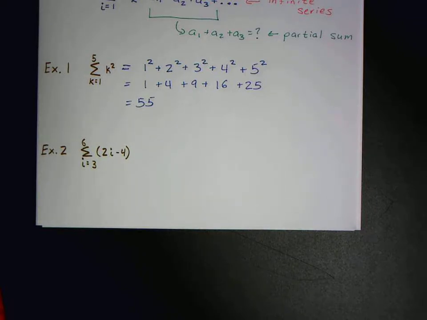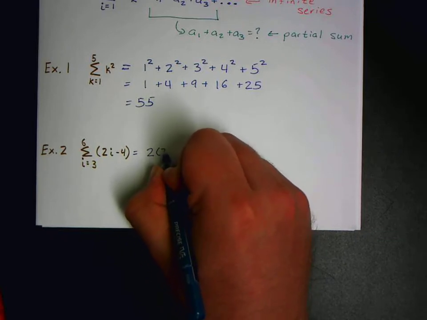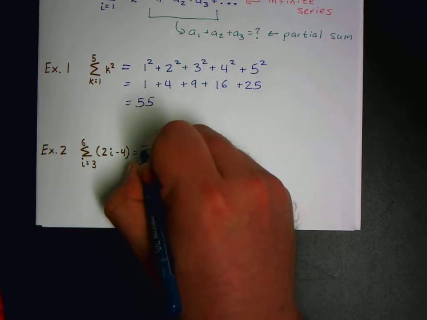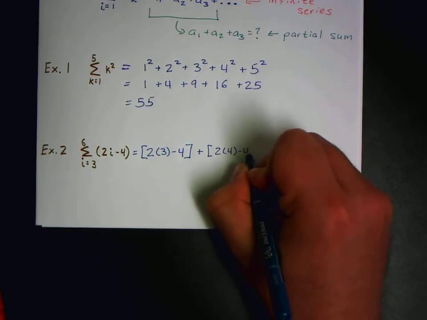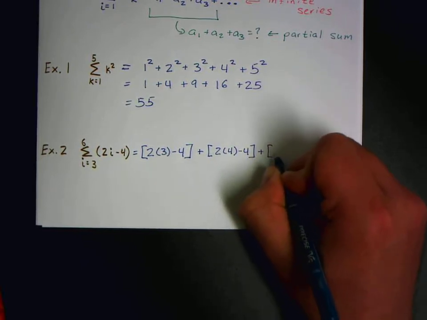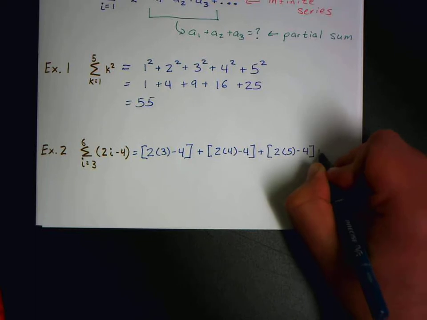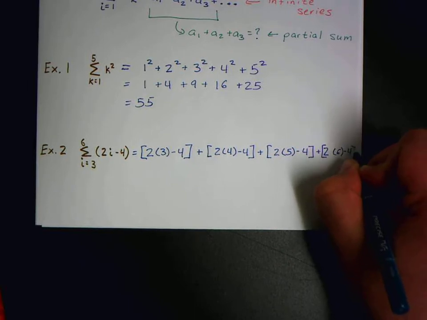Okay, so for example 2, we do the same thing. I gave you an example where we don't always have to start at 1. So 2 times 3 minus 4 plus 2 times 4 minus 4 plus 2 times 5 minus 4 plus 2 times 6 minus 4.